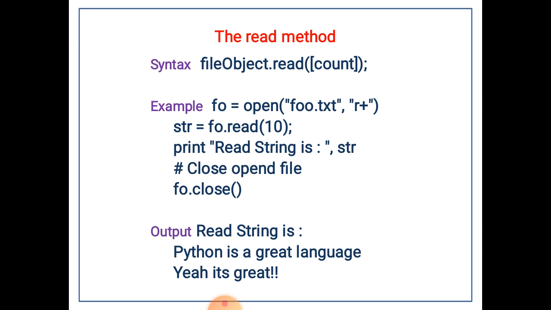We see only the output here as Python is, that's all, because Python contains 6 letters, is contains 2 letters, and before is and after is there is a space which will be treated as a blank space character.